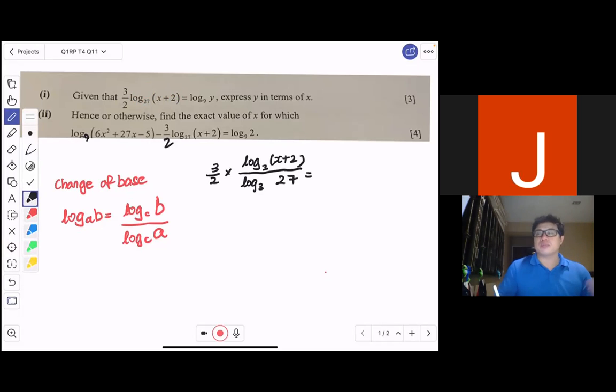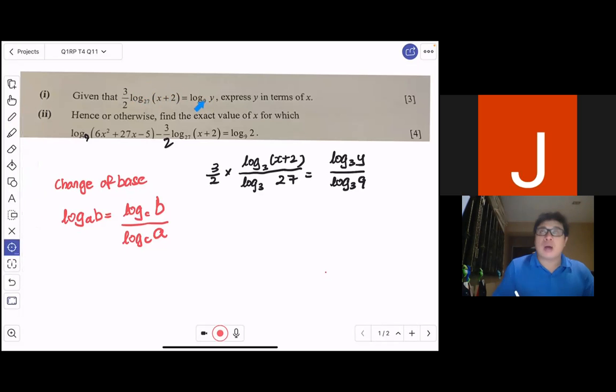On the right hand side, this will be log base 3 of y over log base 3 of 9. So I'm doing a change of base. I've changed all the bases to 3. Because this is a prime number, the smallest number, it's easy for me to work with base 3. I always try to look for the smallest bases possible, 2, 3, 5, and so on.